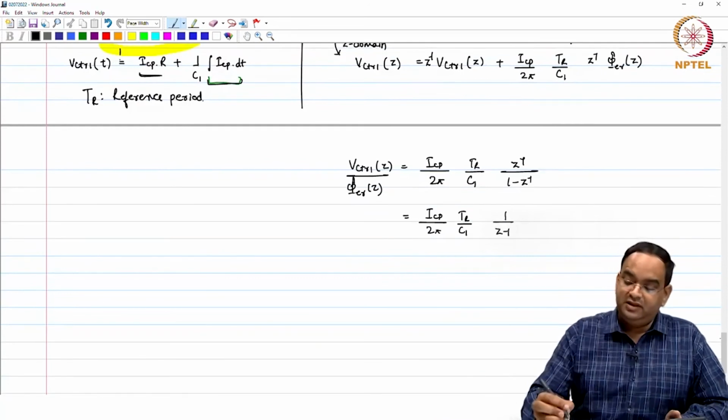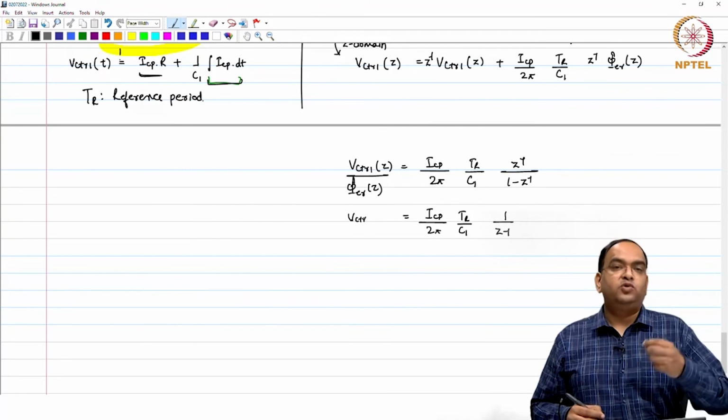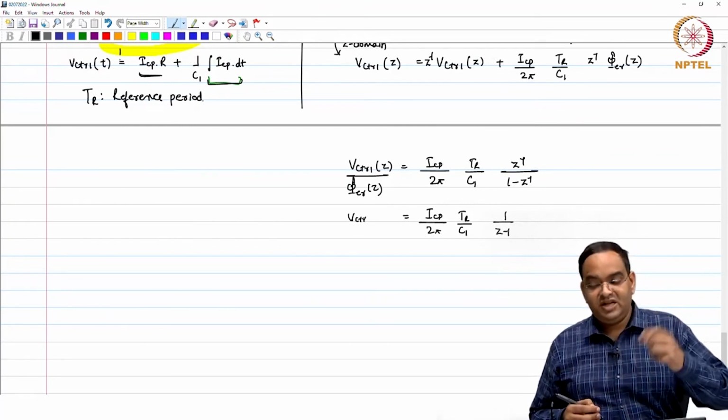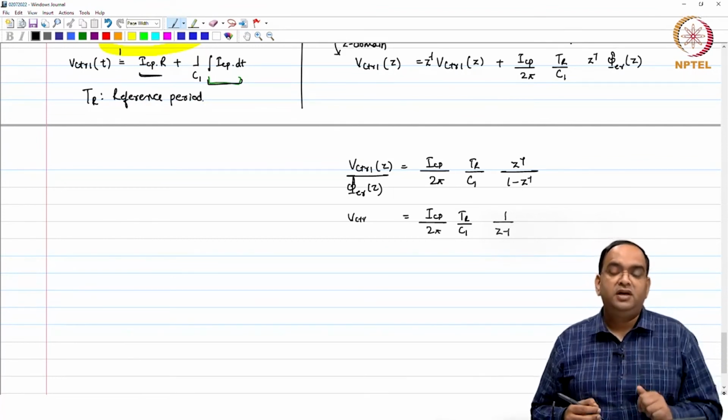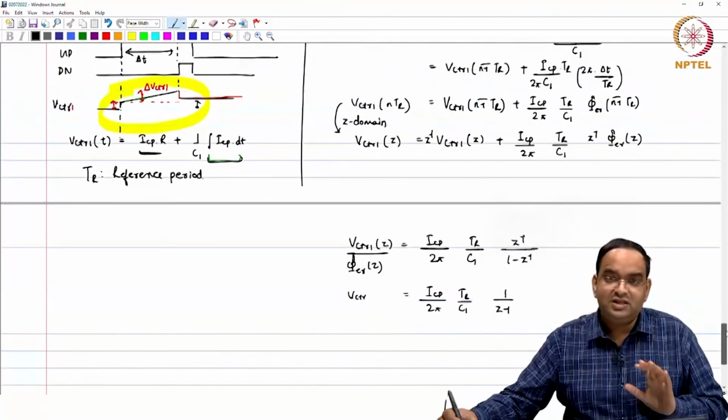Now, this is the transfer function from the phase error to the control voltage, assuming that the phase error information is getting converted to voltage using the charge pump.